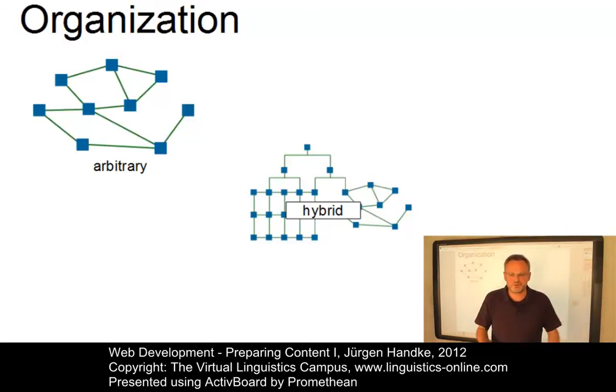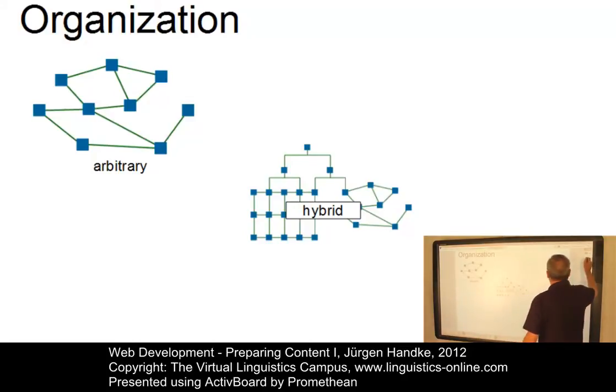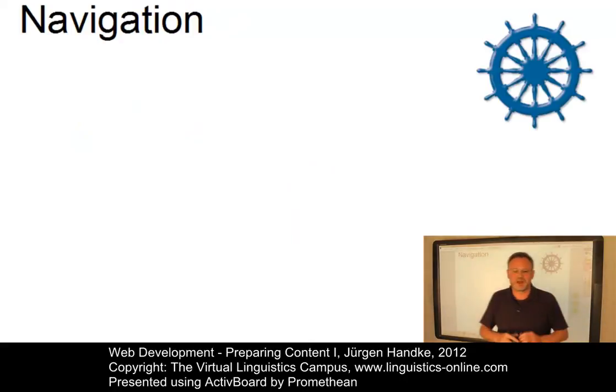Having introduced these various possibilities of organizing content, let us now turn our attention to the main principles of navigation. Now, once the content has been organized, creating navigation should be an easy task. However, there are a few points to be taken into account when designing elements of navigation.